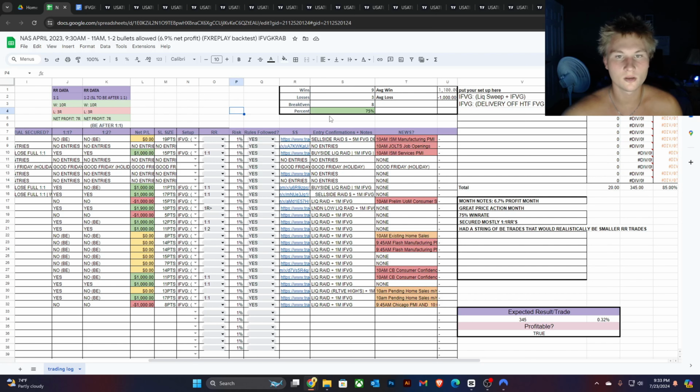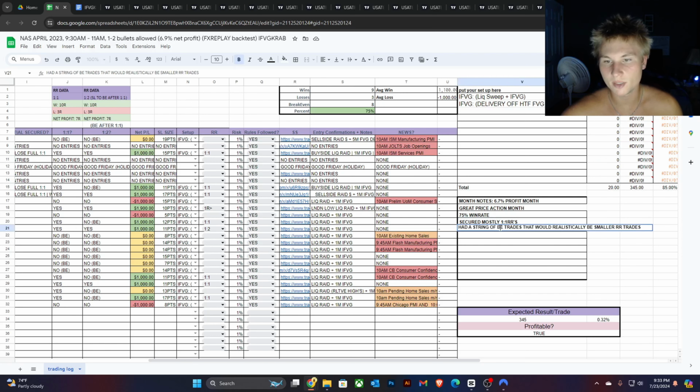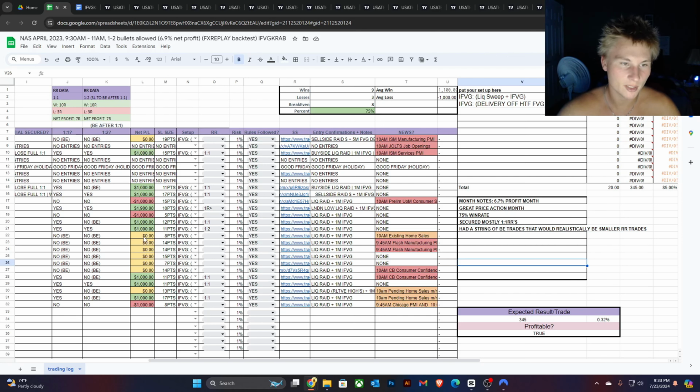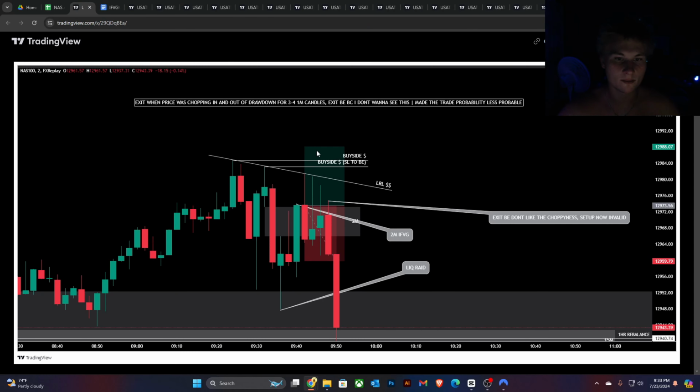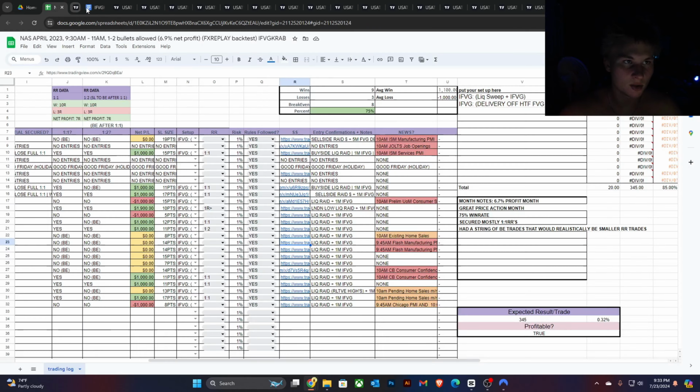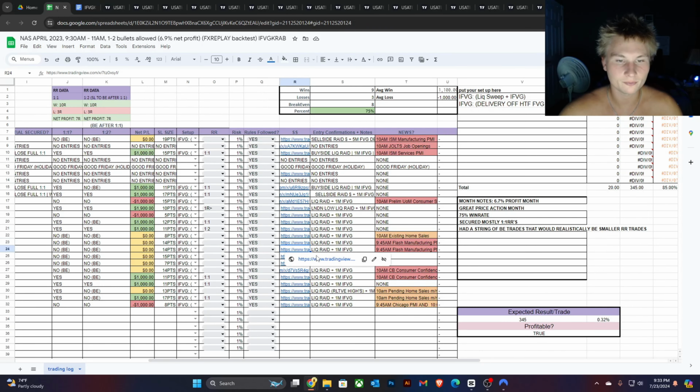But yeah, pretty much secured mostly one-to-ones, had a string of break even trades that realistically, yeah, that's true what I noted here. Realistically, this string of break-even trades would be some wins in here too, because let me grab a good example here.